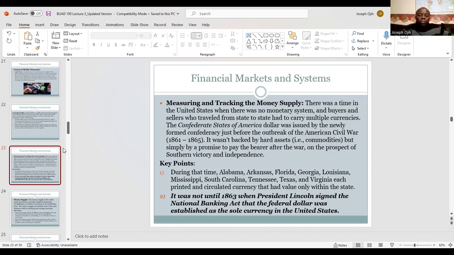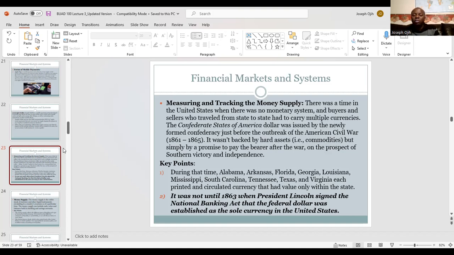But during that time, states like Alabama, Arkansas, Florida, Georgia, Mississippi, South Carolina, Tennessee, Texas, and Virginia printed and circulated their own currencies. So anybody traveling to multiple states had to carry multiple currencies. When you came to Virginia, you used their own currency.